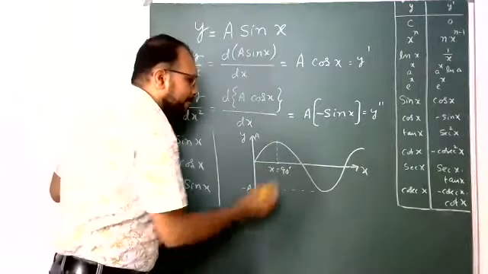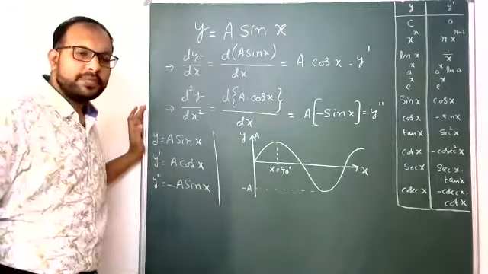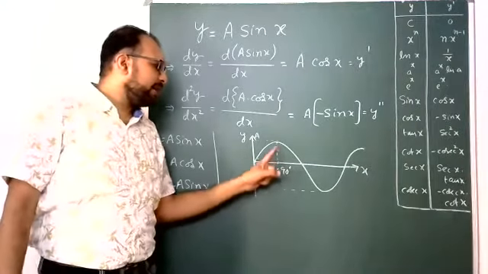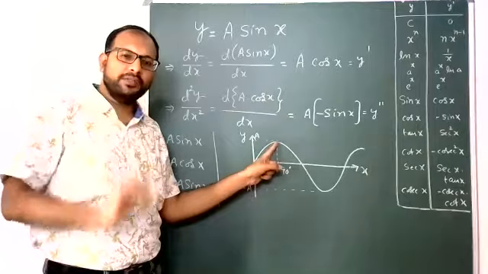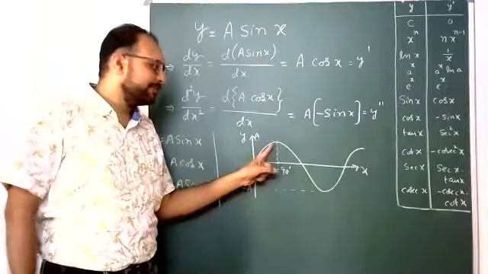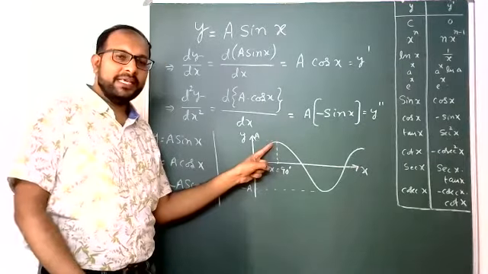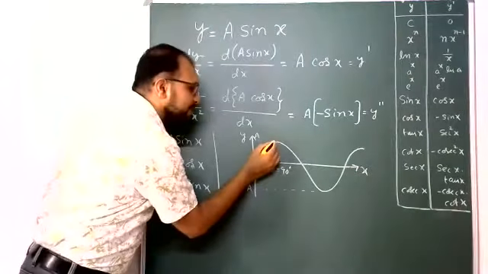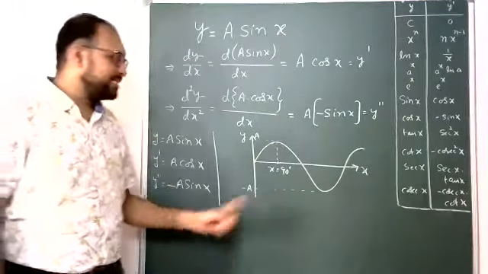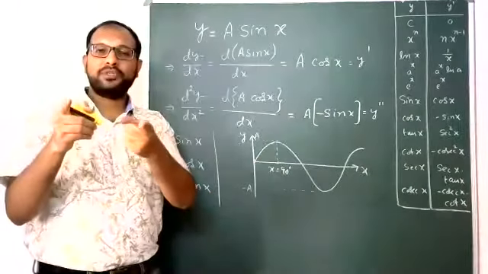Now coming to second derivative. Students, second derivative means slope of slope, means how the slope is changing. See here, x equal to 90, slope is 0, no doubt. But just before 90, is the slope positive or negative? Slope is positive. This is still positive slope. Now just after 90, slope becomes negative.